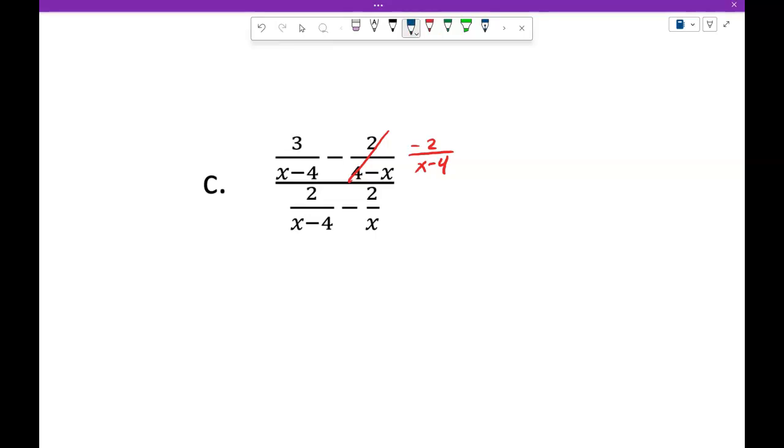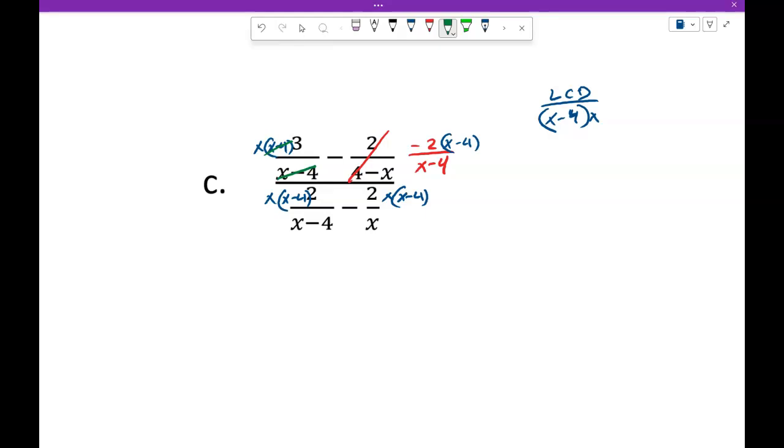And so we identify the LCD of everything, x minus 4 and x. So everything's going to get multiplied by the LCD of x and x minus 4. And then we look to see where we can simplify.